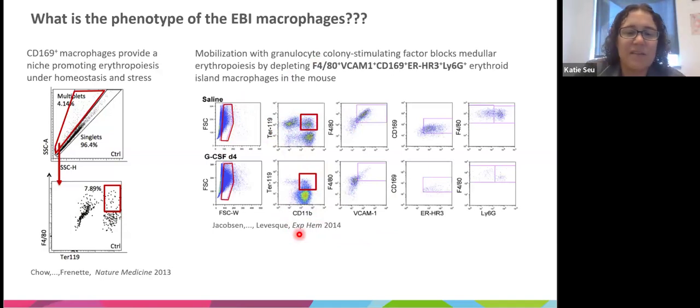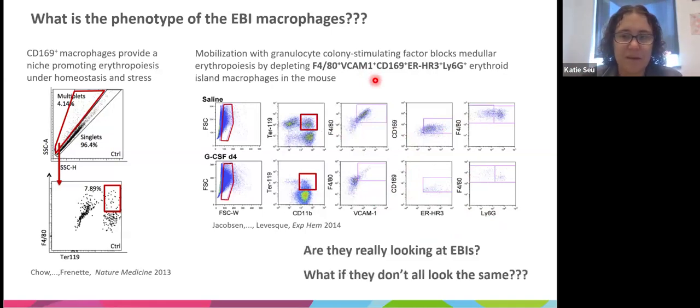And then this combination of markers, F480, BCAM1, CD169, goes on, and they claimed that they had identified the immunophenotype of the erythroblastic island macrophages.